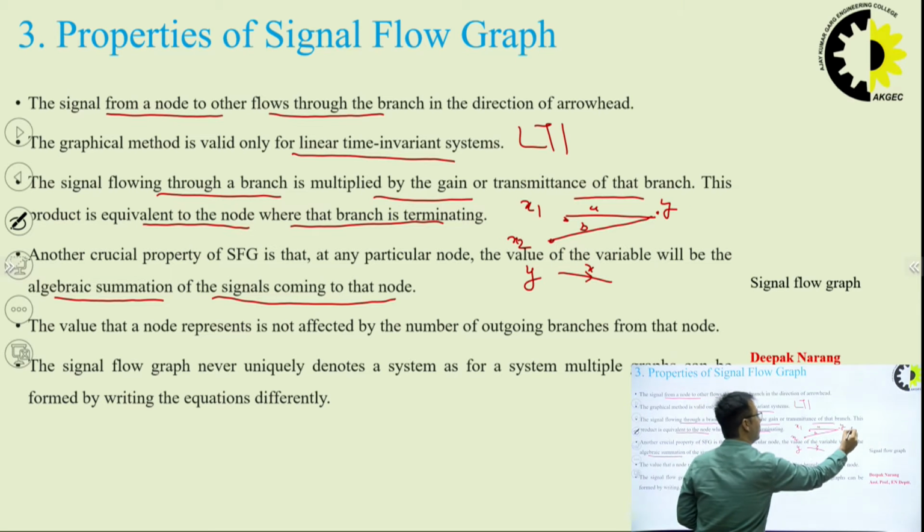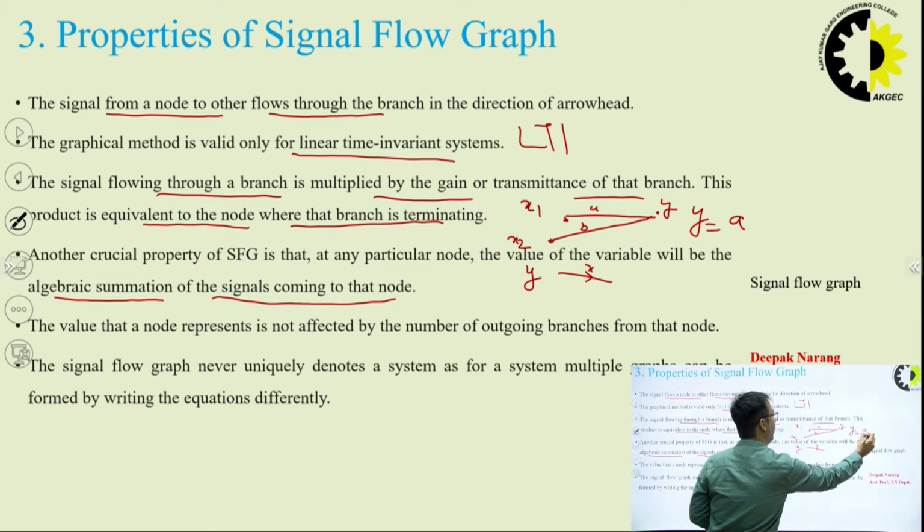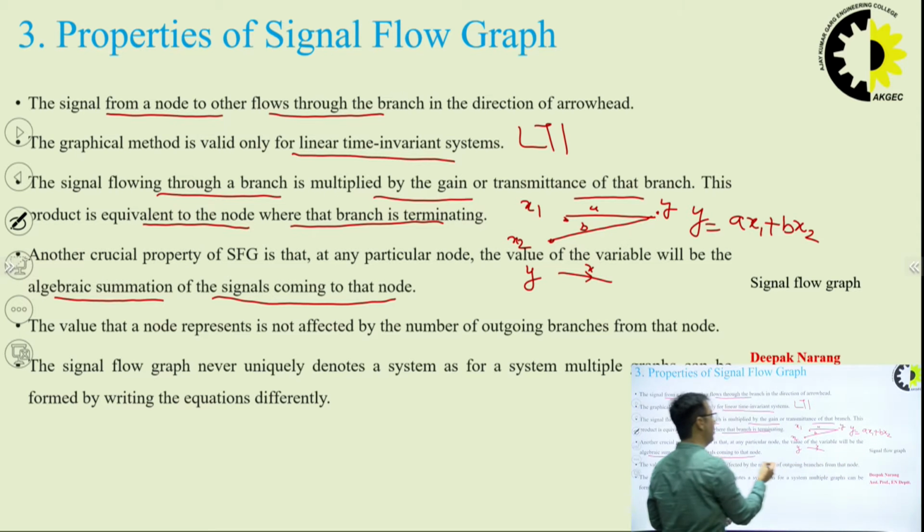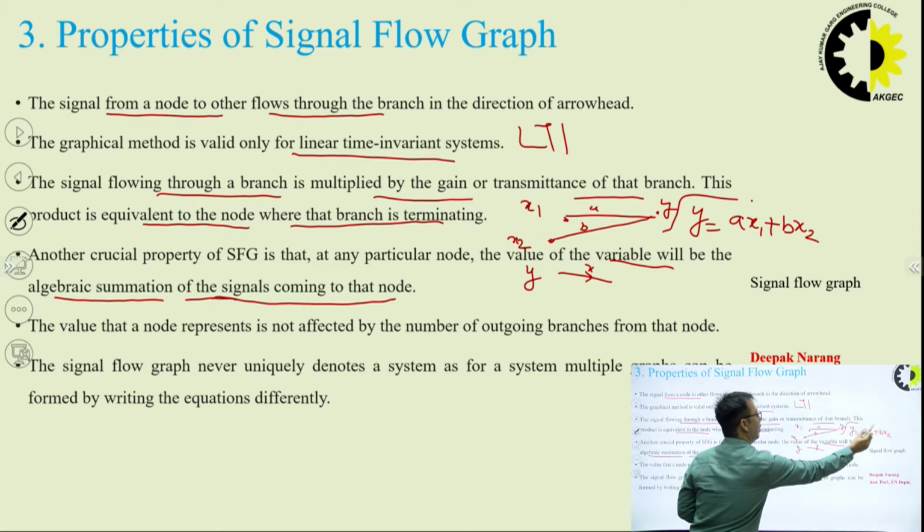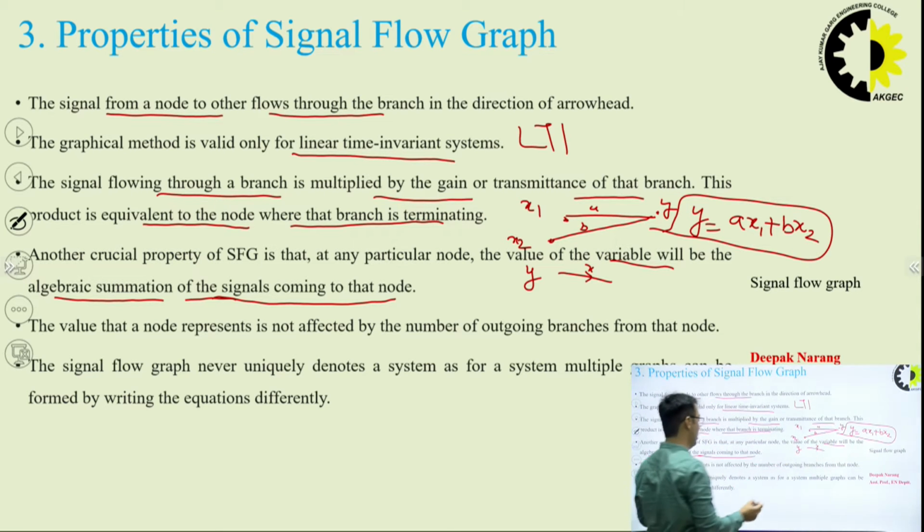So y becomes a x1 plus b x2. That is what this property is indicating, that in a particular node the value of the variable will be the algebraic summation of signals coming to that node. This is the algebraic summation of signals.